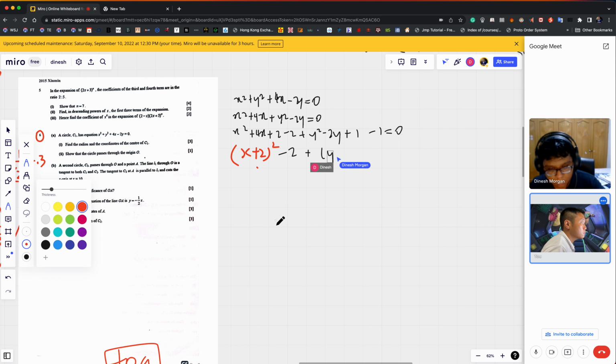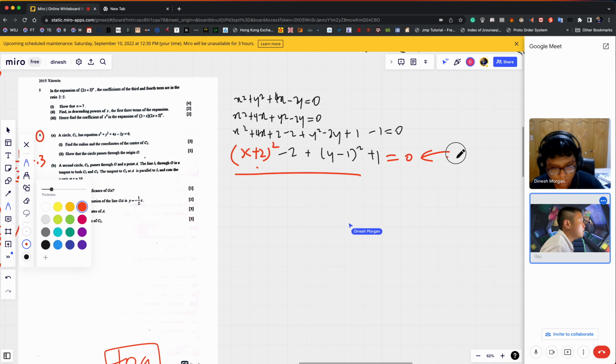If you have done the completing the square wrongly, you can actually check it from this step onwards. You can expand this and see if you can get back to the original.